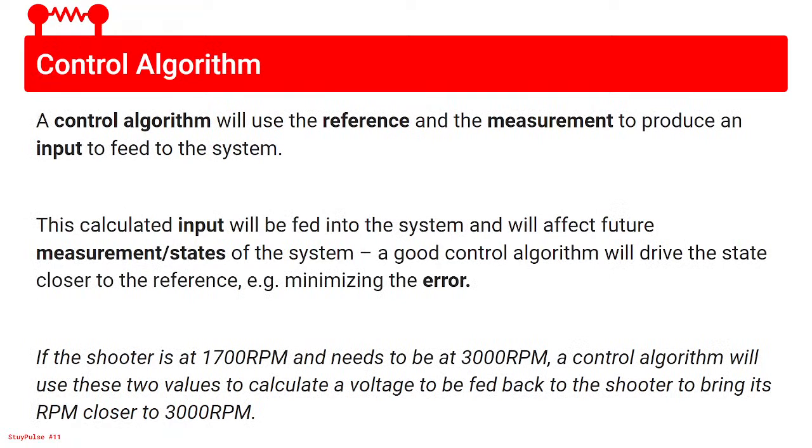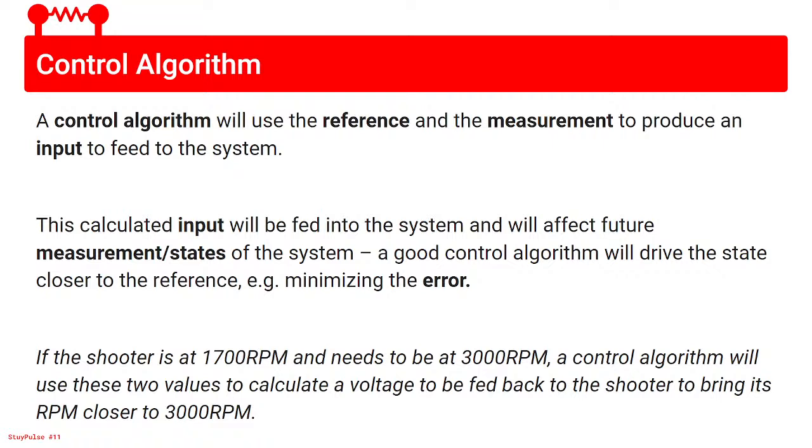So this slide puts all of that together because it's defining what a control algorithm is. Hopefully, now that we have all these terms defined, this rigorous definition will be more helpful. It uses the reference and the measurement and then calculates a voltage to feed to the system.